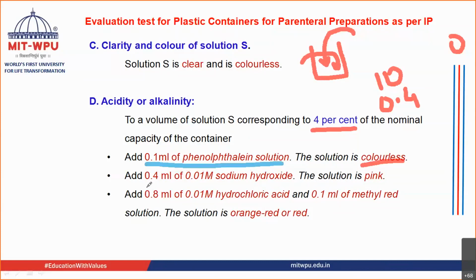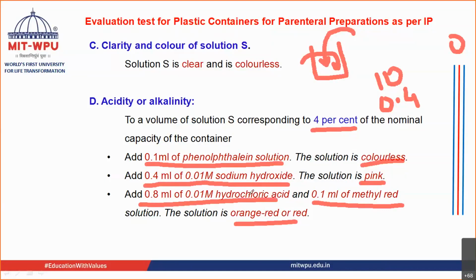If you add 0.4 ml of sodium hydroxide, then the solution is going to turn pink because the solution has now become alkaline in nature. After addition of 0.8 ml of hydrochloric acid, and using methyl red as an indicator, the solution becomes orange red, stating that this solution S, which was neutral, has now converted into an acid.